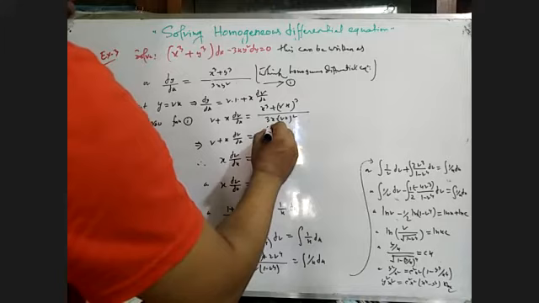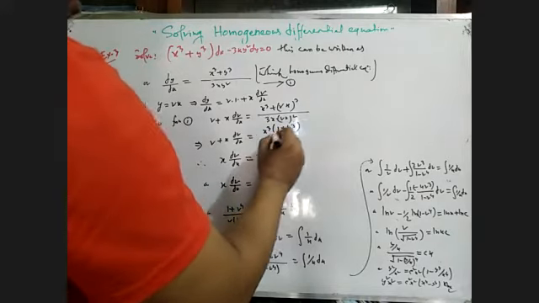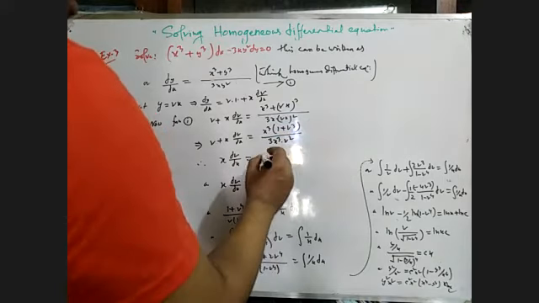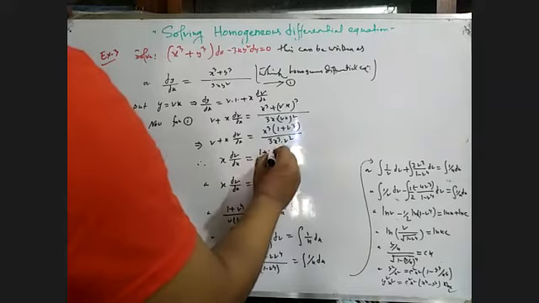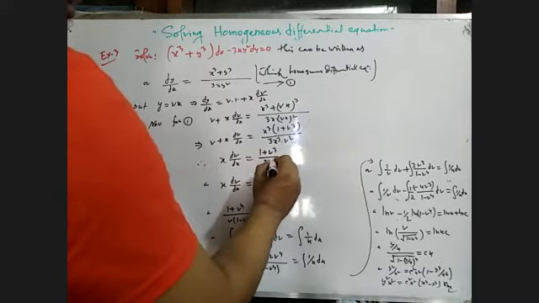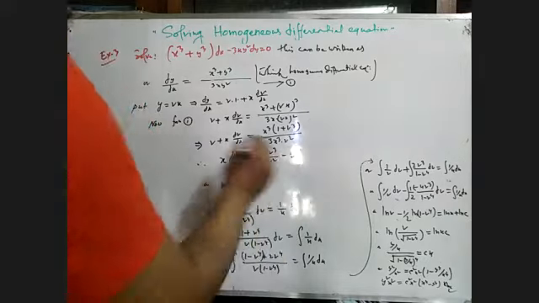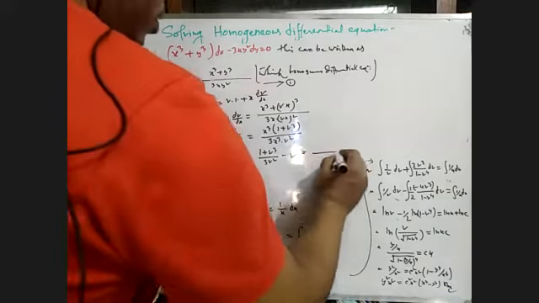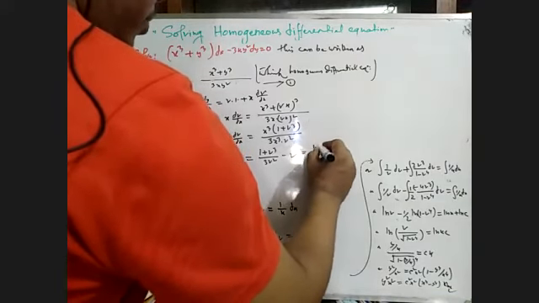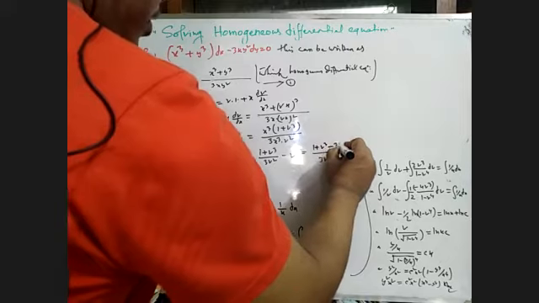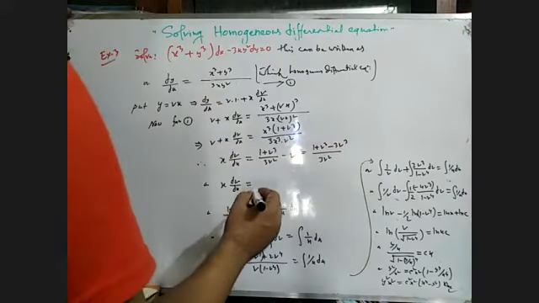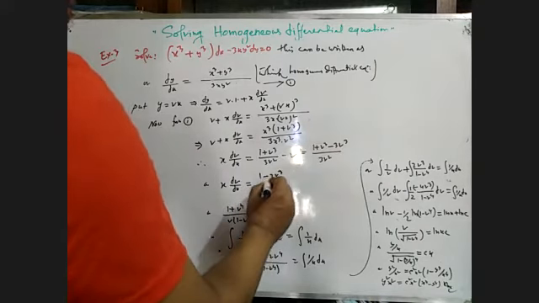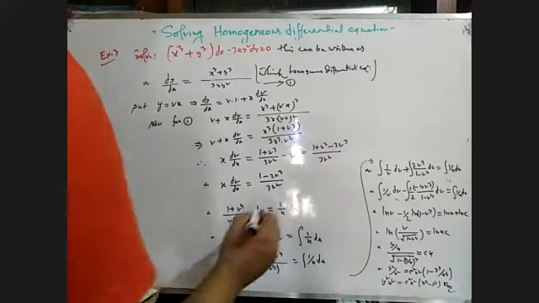So x cube common, 1 plus b cube, and here will be thrice x cube into b square. x cube will be cancelled, 1 plus b cube divided by thrice b square minus b. Okay, so from this, thrice b square will be the LCM, 1 plus b cube minus thrice b cube. So we can write 1 minus twice b cube divided by thrice b square.